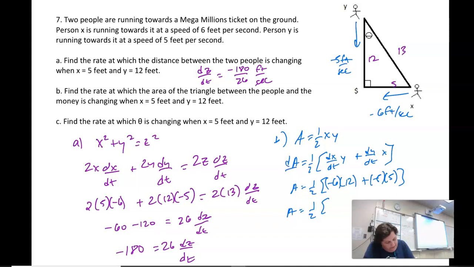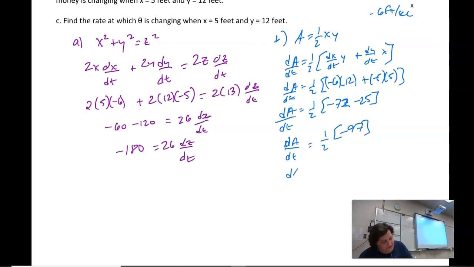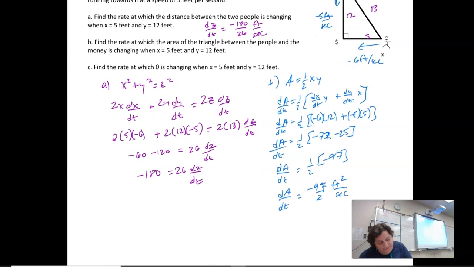Oh, I'm writing area right here, you guys. This is dA/dt. Sorry about that. So it's 1/2 of -72 minus 25, which is -97. I'm just going to leave this as a fraction: -97 over 2 feet squared per second, because it's area, right?